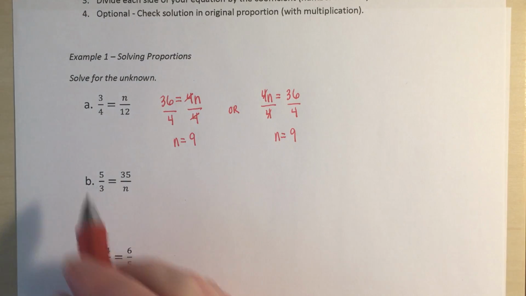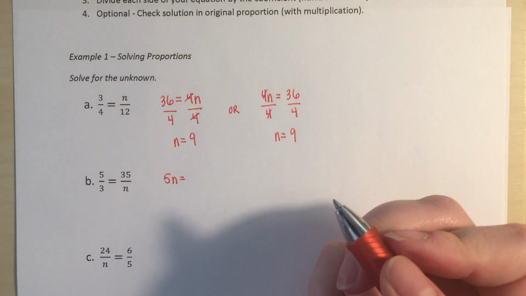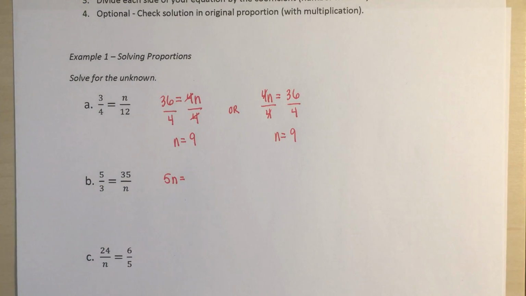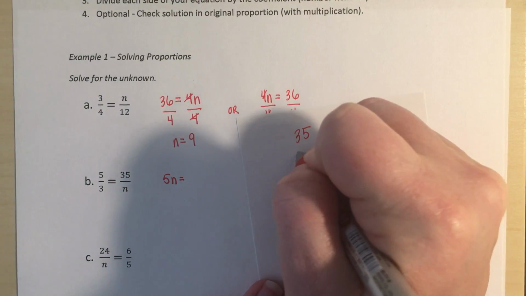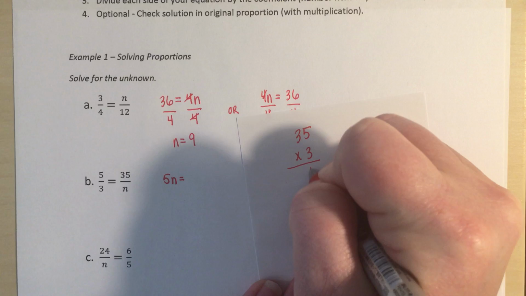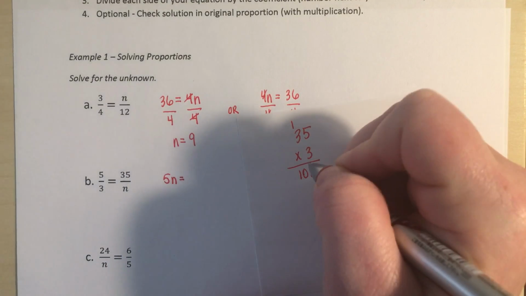All right, so for B, 5 times n gives us 5n. 3 times 35. So we're going to just use a little sheet of scratch paper here. 35 times 3 gives us 15. 3 times 3 gives us 105.